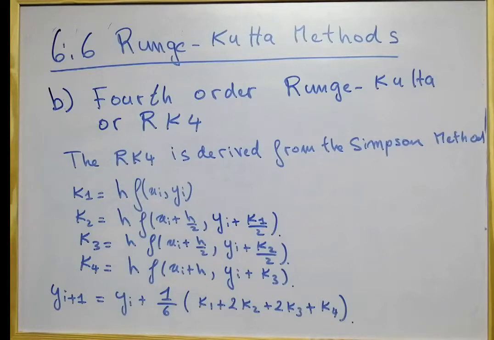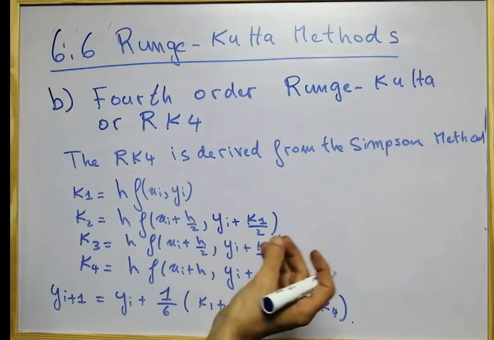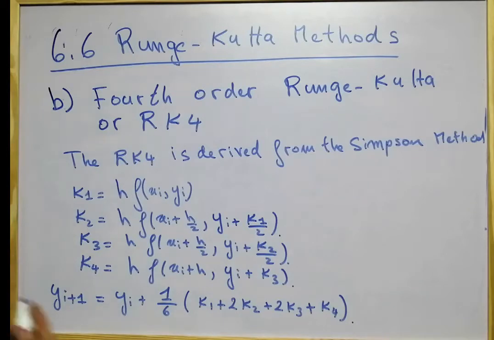The derivation of this method is quite long, so I will not derive it, but basically we use the Simpson expression for the integration, and we use some approximation in order to get this expression.